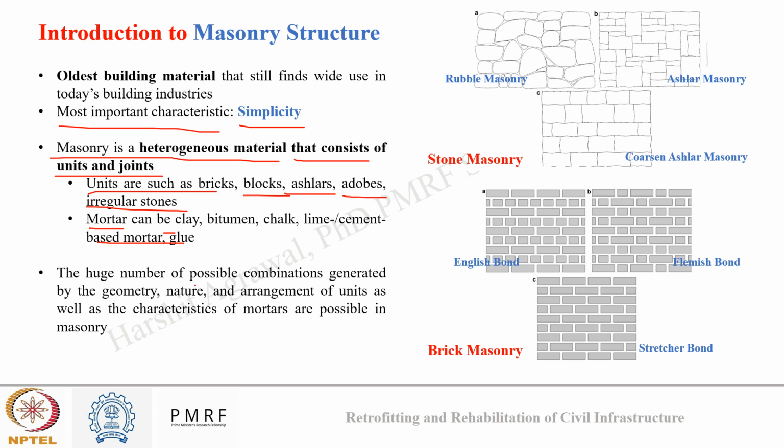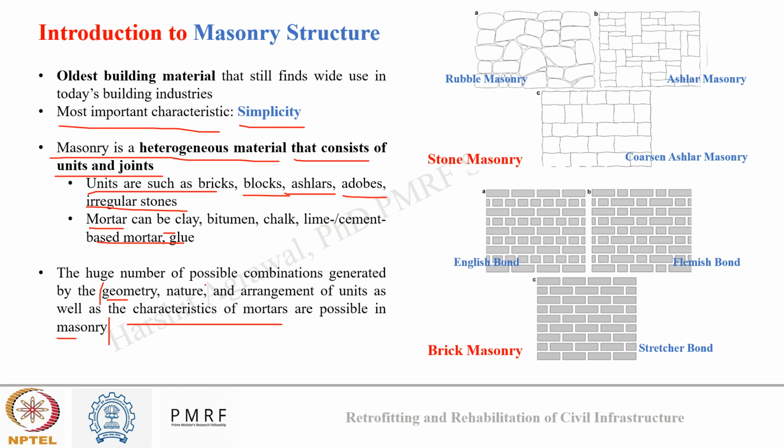Now a huge number of possible combinations can be generated using these two materials, and these combinations vary based on the geometry, nature, and arrangement of the unit, as well as the characteristics of the mortar. So based on these parameters, a large number of masonry combinations are possible.